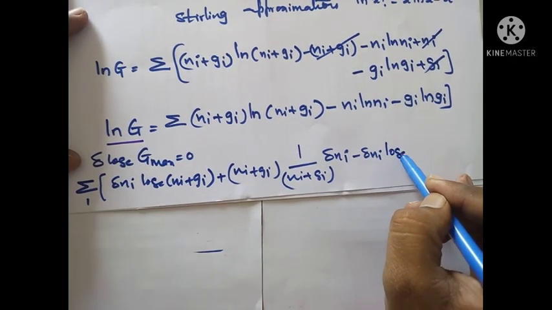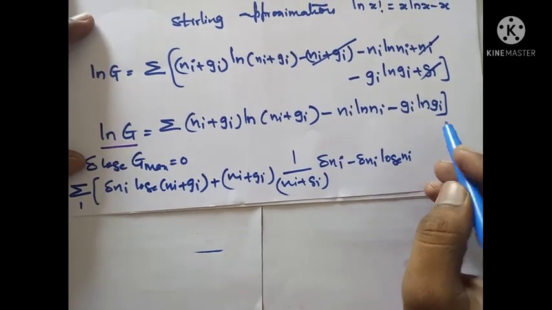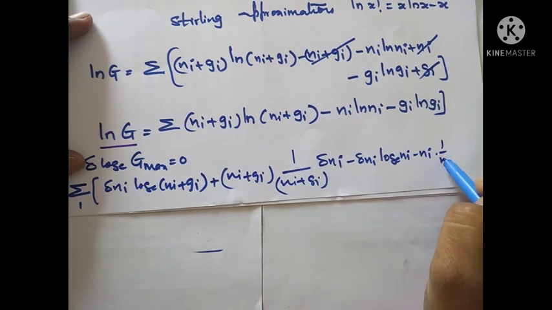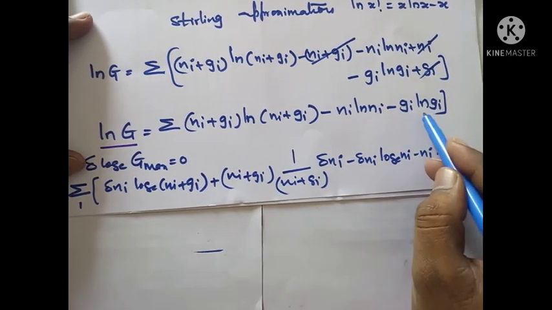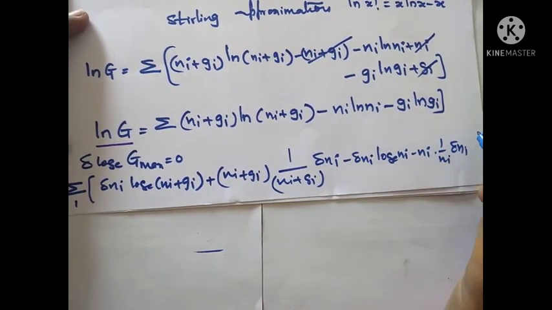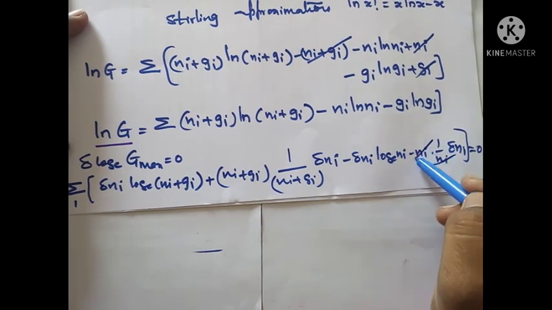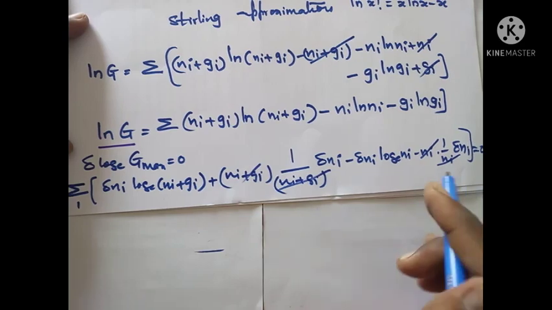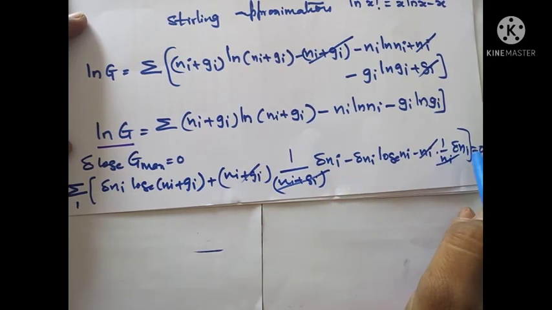So this can be written log ni, and then minus ni into 1 by ni into ∂ni, and the differentiation of this function will be 0. And finally that equals 0, where ni and these two things cancel. And finally this function and this function also cancel each other.